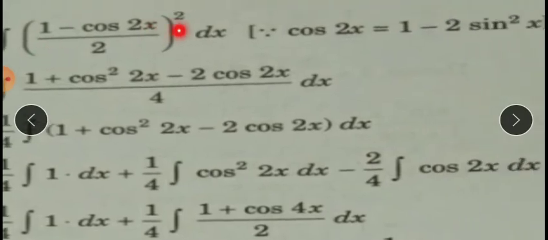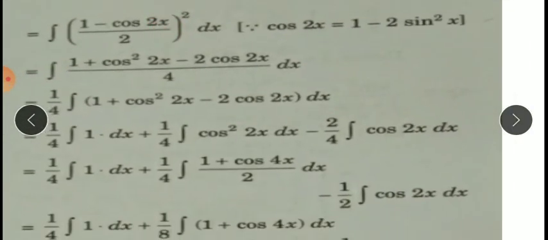Now, this is equal to integration under bracket 1 minus cos 2x upon 2 whole square. We know the formula cos 2x is equal to 1 minus 2 sin square x. Sin square x can be replaced by 1 minus cos 2x whole upon 2, whole square. Applying the formula a minus b whole square, in the denominator 2 square is 4.